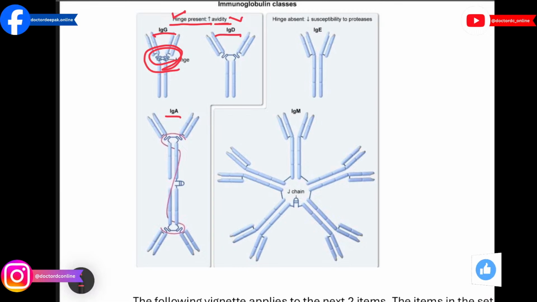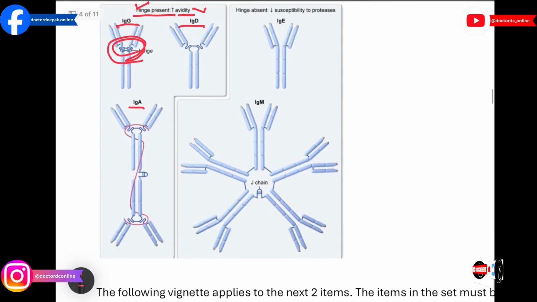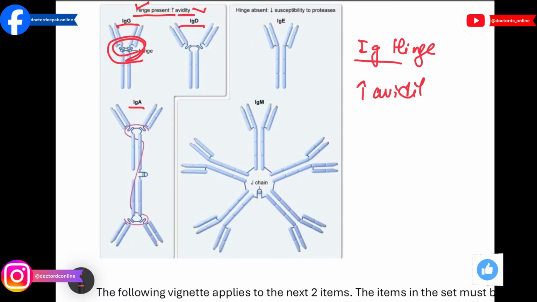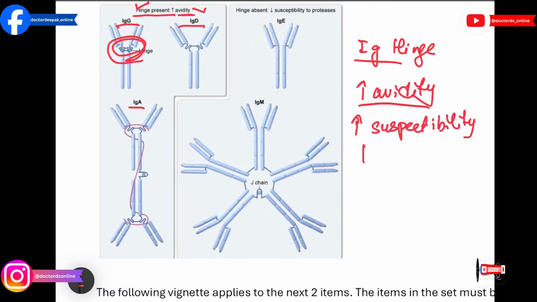And secondly, there's one more thing regarding that. If an immunoglobulin has a hinge, it will have increased avidity, but it also has increased susceptibility to proteases of bacteria.